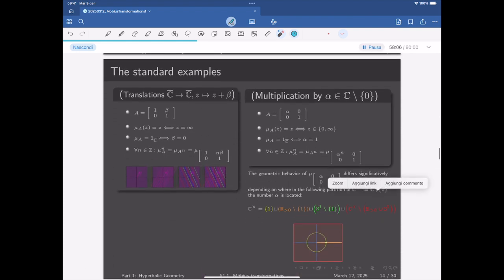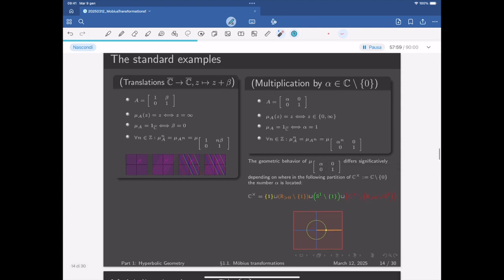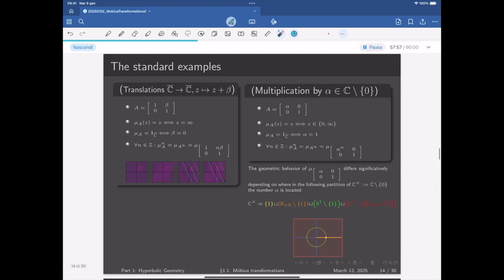And there are some standard examples, some easy examples. We are going to see that up to conjugation, it is possible to reduce the study of the geometry of every Möbius transformation to the study of the geometry of the easy examples, which I'm just calling standard examples.